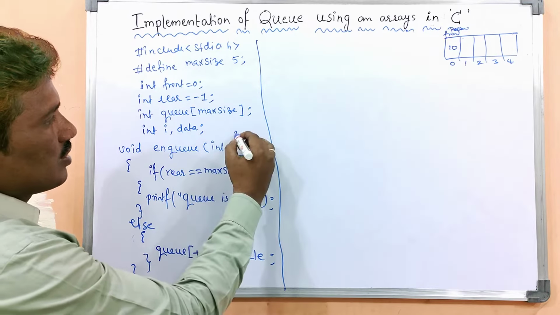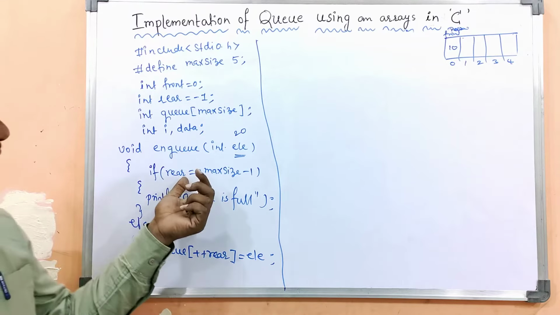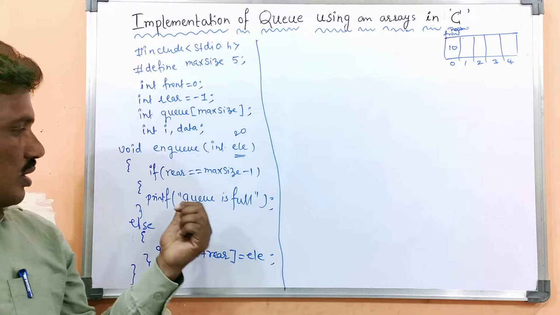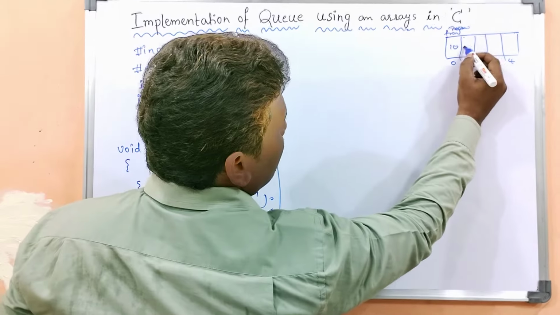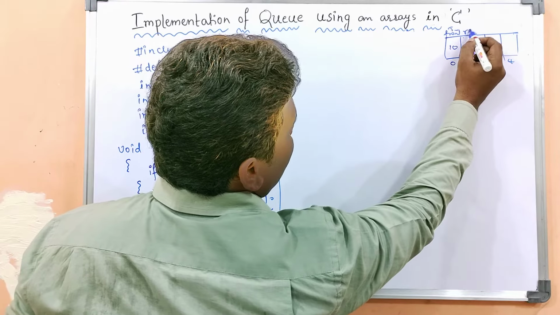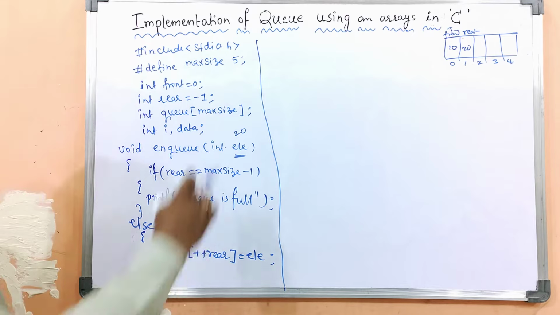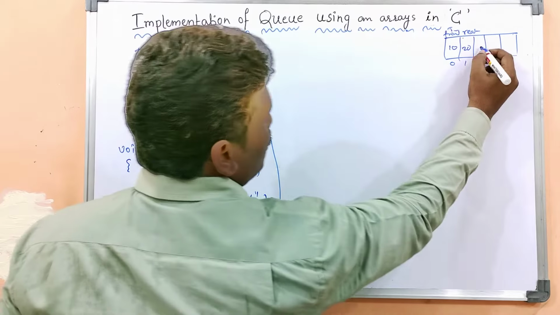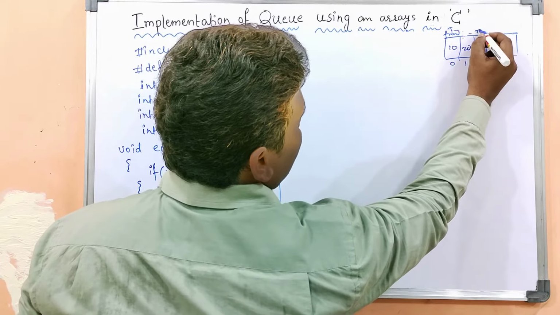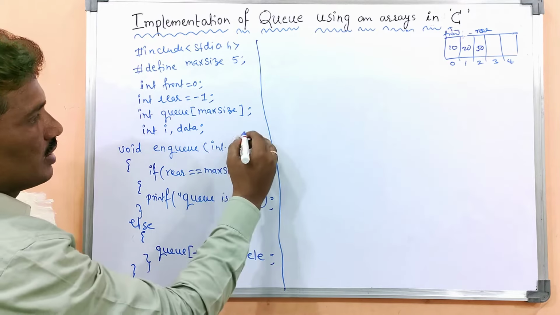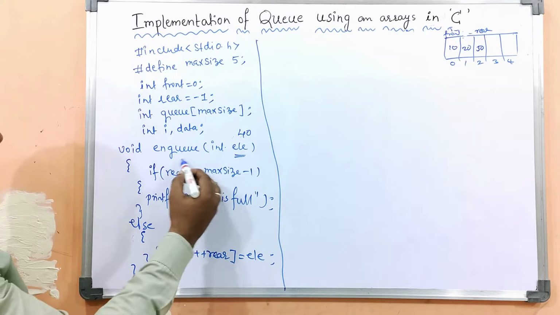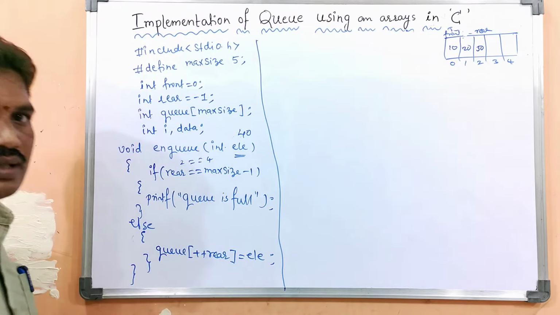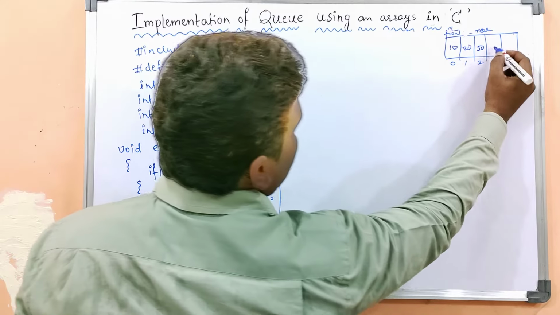Again, if you provide 20, we call the enqueue operation and check the condition. The rear value is 0, -1 versus 4, so you can insert the data. At this time this is the rear. Again if you provide 30, there is no problem, 30 is also inserted. When the element value becomes 40, the rear value is now 2, versus 4, the condition returns false, so you can insert another element.